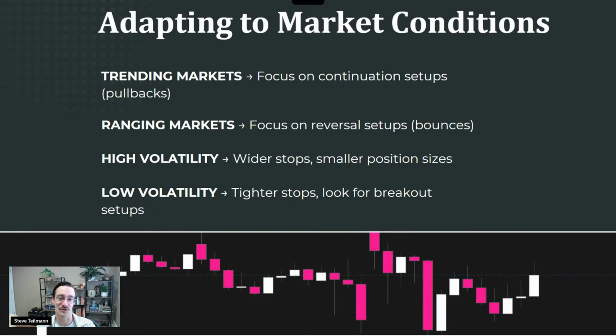So that could include anything from seeing a lot of flow coming in, especially risk reversal flow, which is when, for example, you might sell puts on a stock and then use the capital that you acquire from selling the puts to buy calls. If you see a large number of those types of orders, that's a good sign that smart money has reason to believe that the stock might reverse.